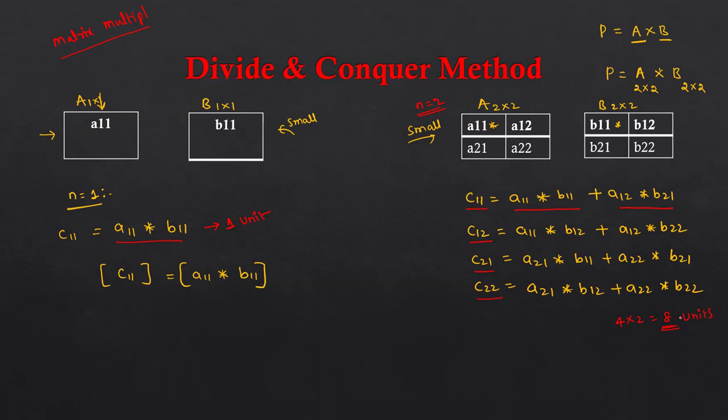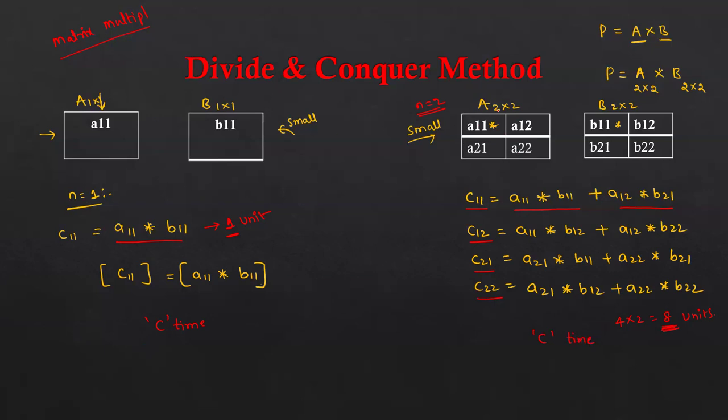These two things you should remember. When your matrix size is 1 by 1, it takes 1 unit, which is constant time. And a 2 by 2 matrix also takes constant time, 8 units of time.